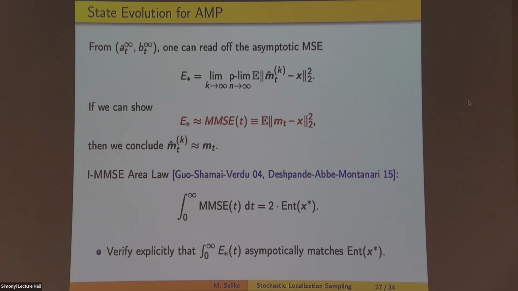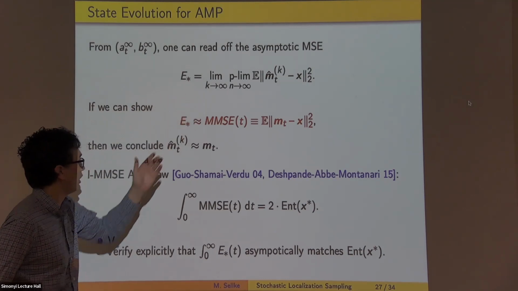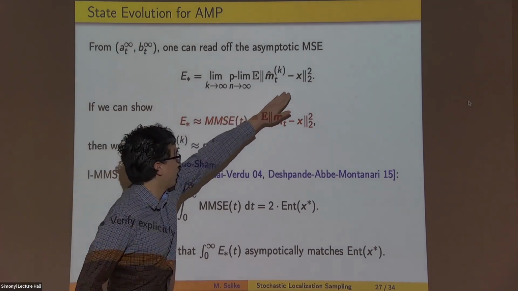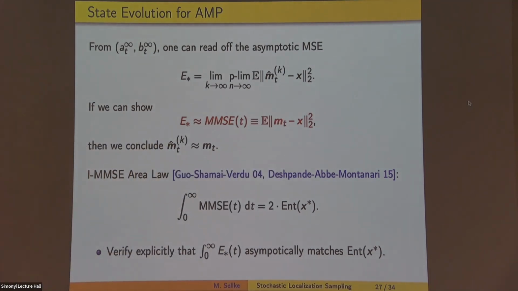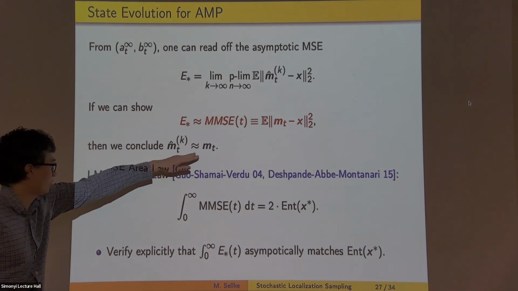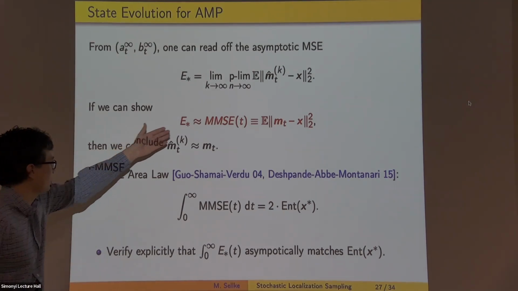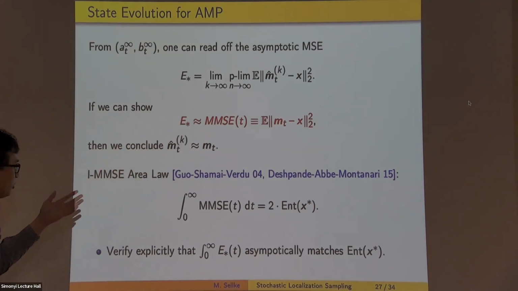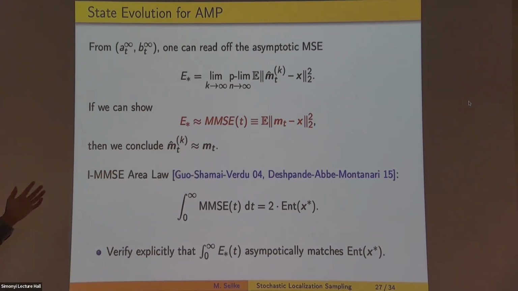I skipped ahead a bit, but you get a formula for the mean squared error between your AMP estimate and a Gibbs sample from your SK measure. We'd like to show that we found the true posterior mean. So what we'd like to do is find the true mean squared error of the posterior mean, which is going to minimize the mean squared error, and show that we got roughly this mean squared error.